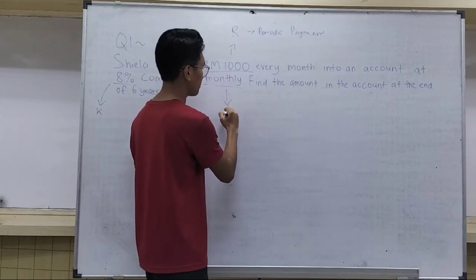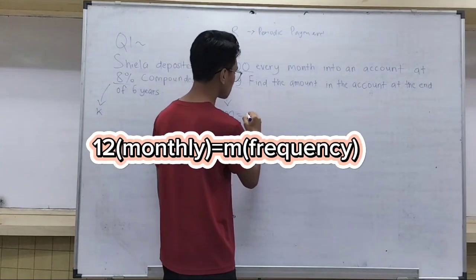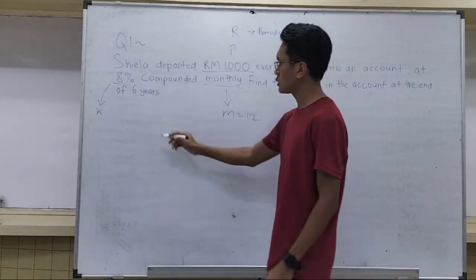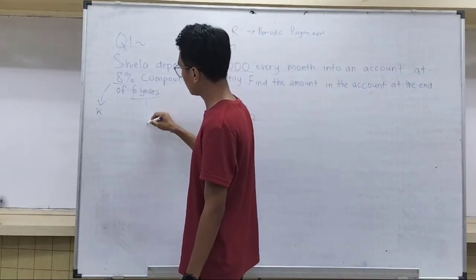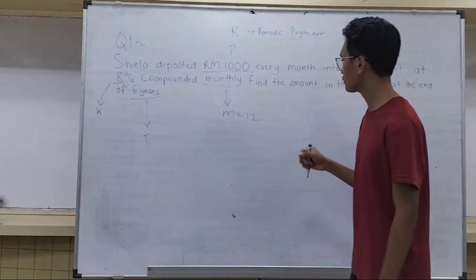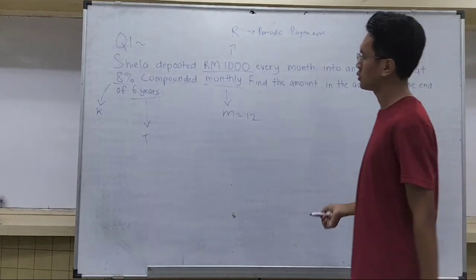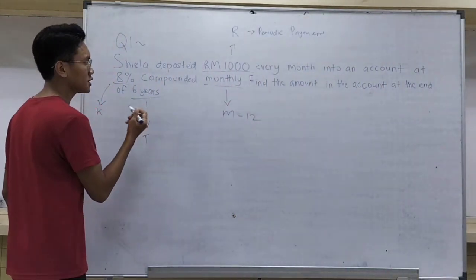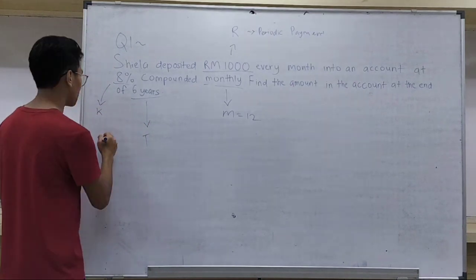So this is M. M equal to 12. 6 years is T. So we need to list first.